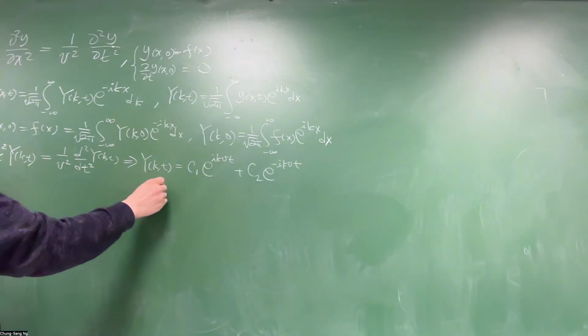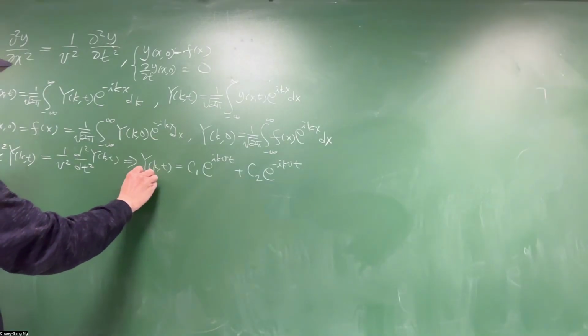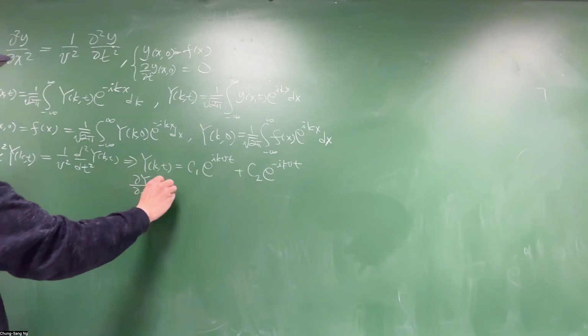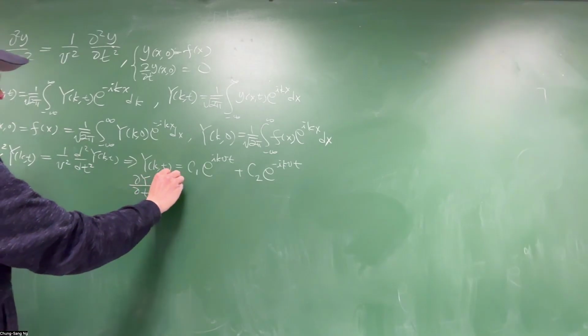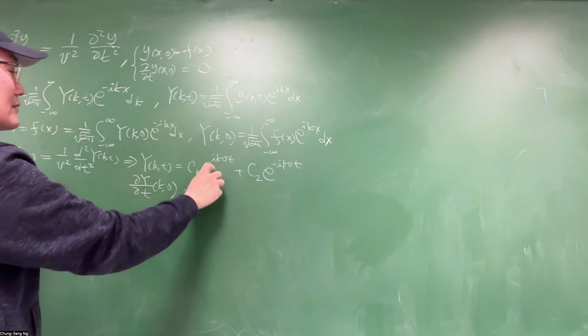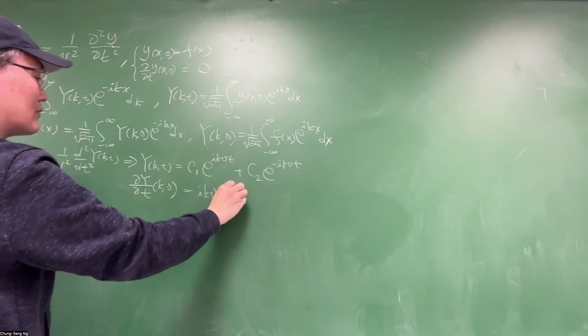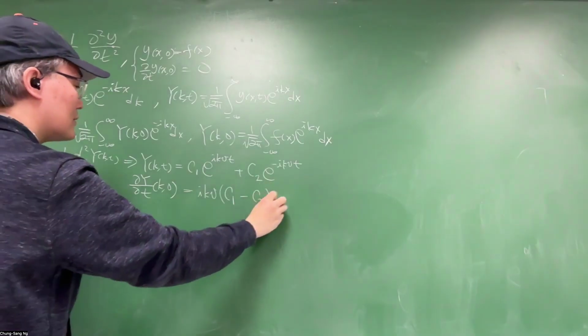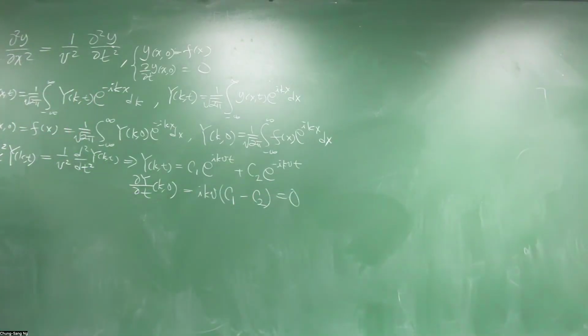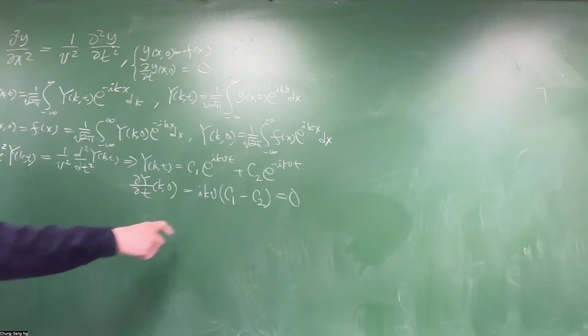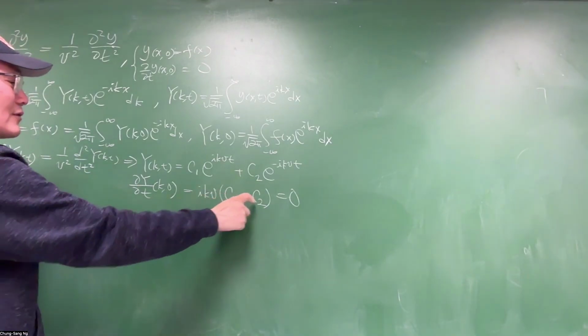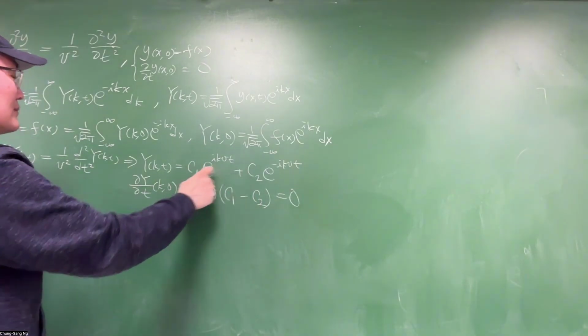So the partial derivative of capital Y with respect to t, evaluated at 0, let's just pull out the ikv, C sub 1 minus C sub 2. That should be 0. This just shows that C sub 1 and C sub 2 are the same.